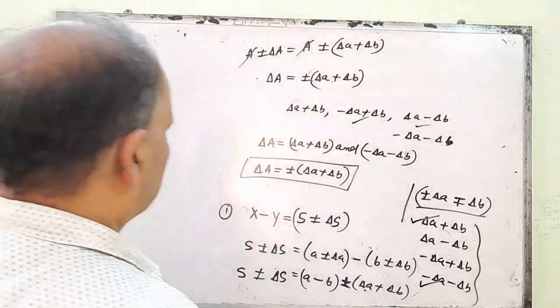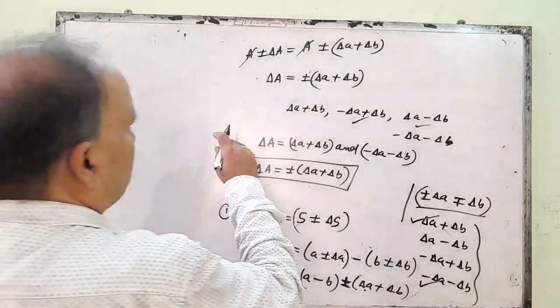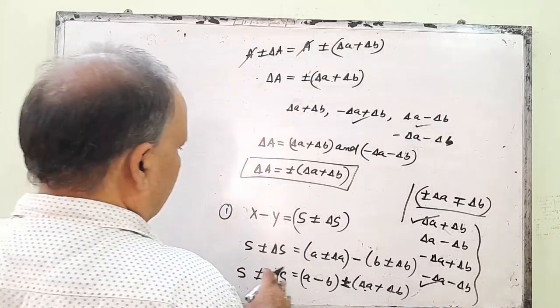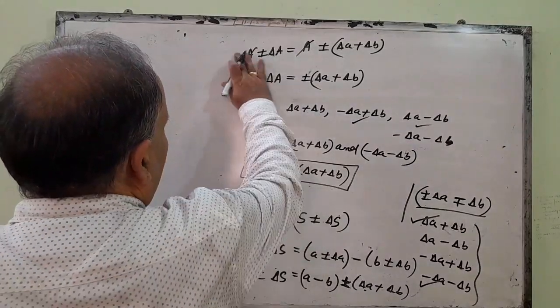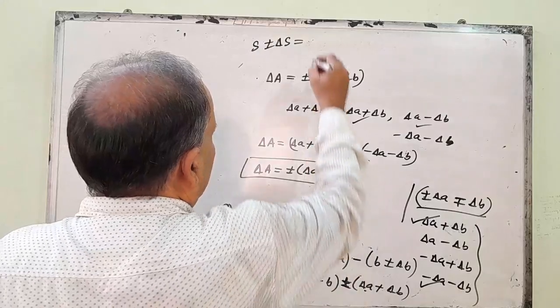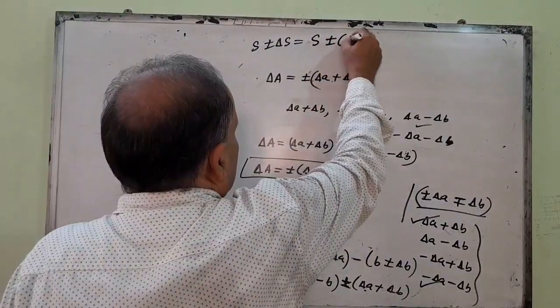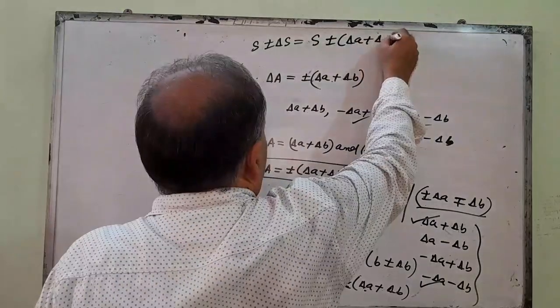So we write s plus minus delta s is equal to, I get a minus b, this is your s, the mean value, plus minus delta a plus delta b.